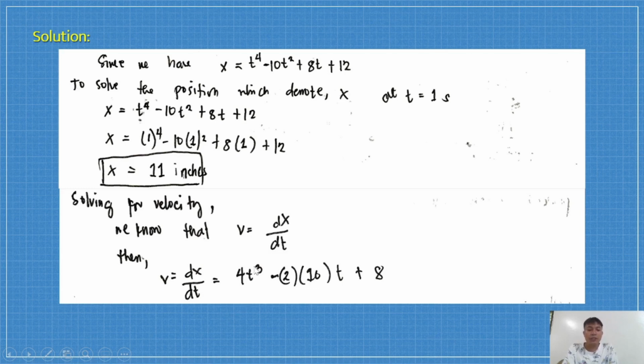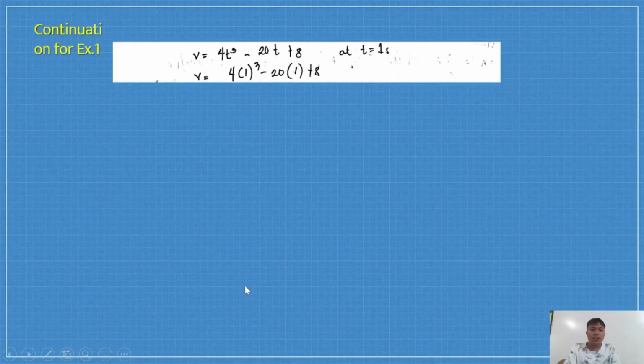For 4t cubed, the derivative is 12t squared... minus 2 multiplied by 10, then t, since 2 minus 1 is 1, so t. So, 2 times 10 plus 8. Then, the derivative of our constant is equal to 0. So it becomes 4t cubed minus 20t plus 8.